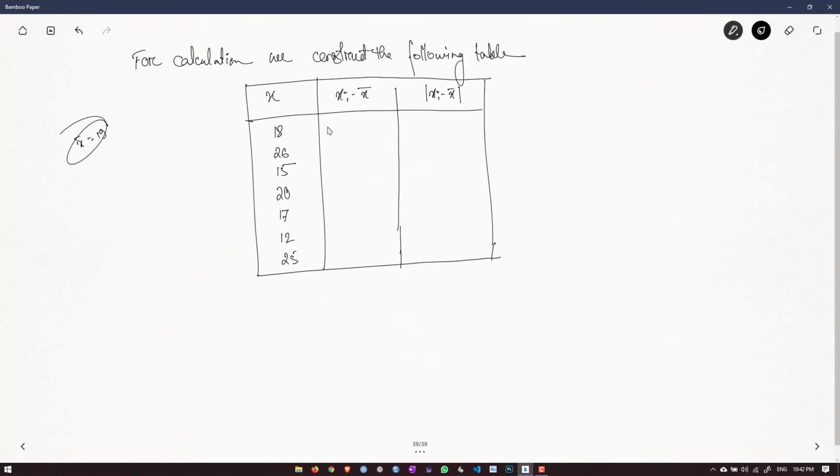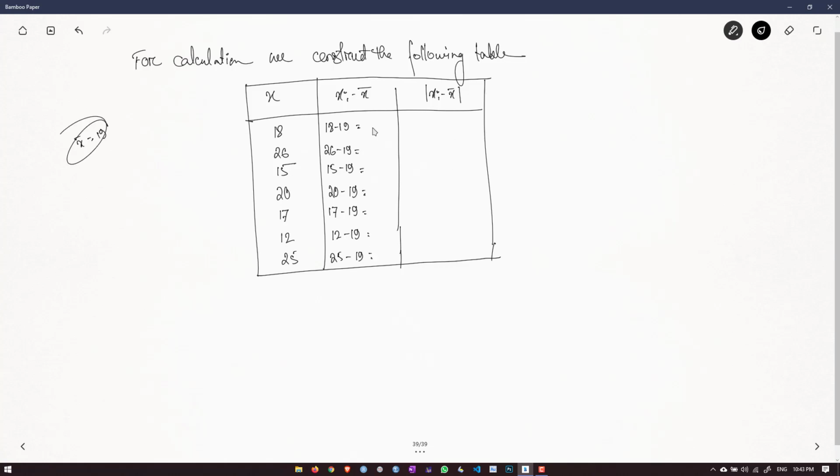So we basically have to find 18 minus 19, 26 minus 19, 15 minus 19, 20 minus 19, 17 minus 19, 12 minus 19 and 25 minus 19.